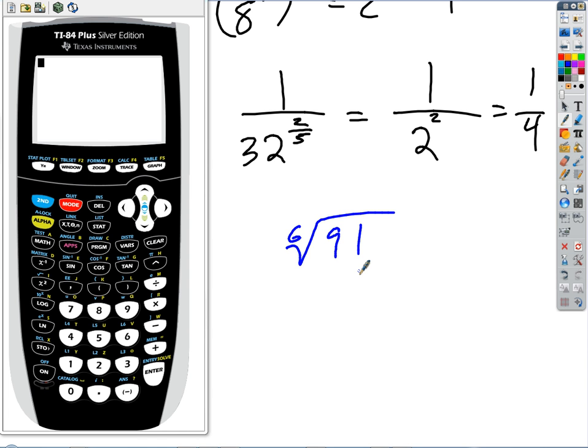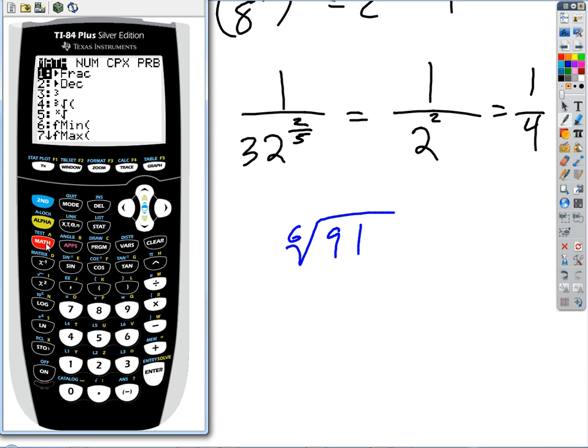A couple ways. If I want to use the nth root feature on the calculator, it's there. If you go math, it's right there, number 5. Yeah, there it is. It has an x up there instead. If I hit 5, look what it gives me. You just gotta go back and delete the answer.